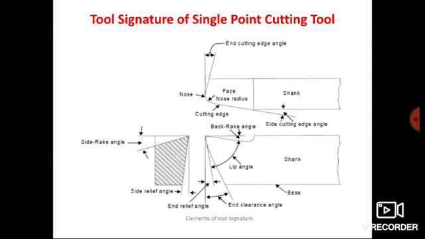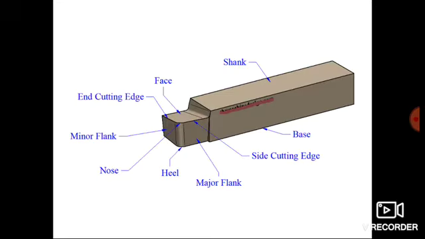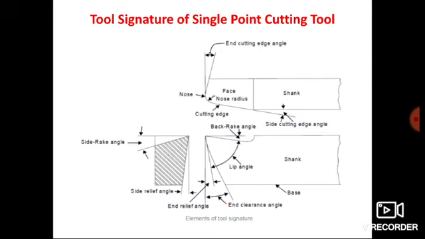If you look at this tool from this side, this will be the front view, this will be the top view, and this portion will be the side view. Same things you are getting here.